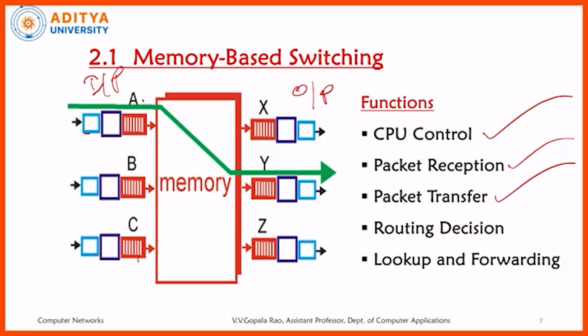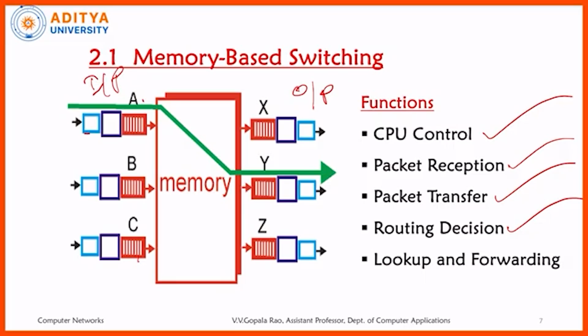And routing decision. Even though it is very simple to see the figure and identify the activities, practically speaking, it is very difficult for the router to decide about the best path. Already I told you that the router is a very important device which is going to decide the best path, but it is not very easy because it has to follow certain protocols or algorithms.